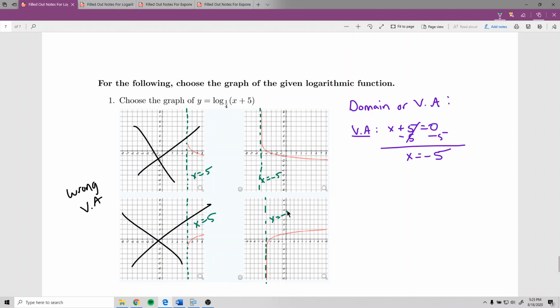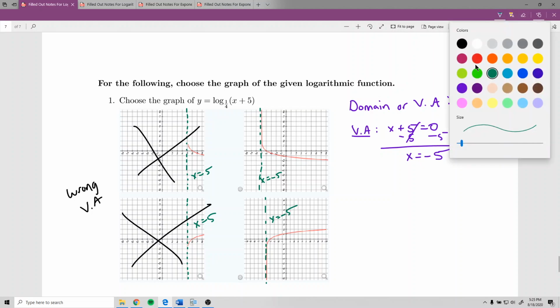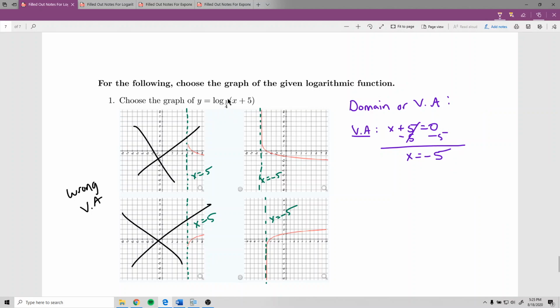So we need another way to figure out which one it is. And that's why we need the increasing or decreasing, and that comes from the base. Since the base here is 1/4, this is less than 1, which means it's decreasing.